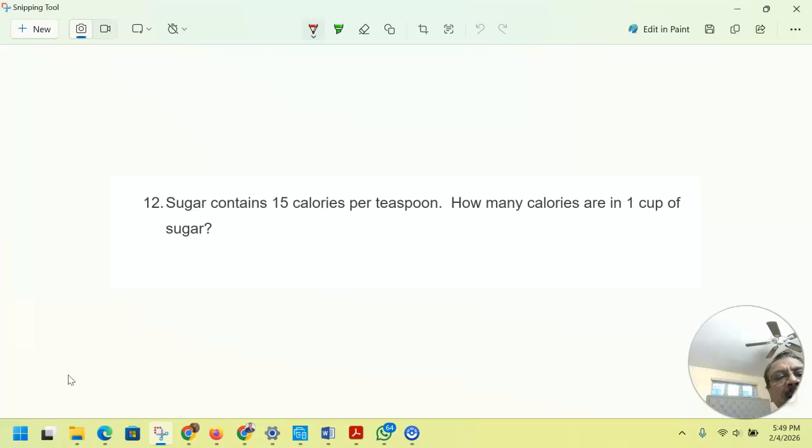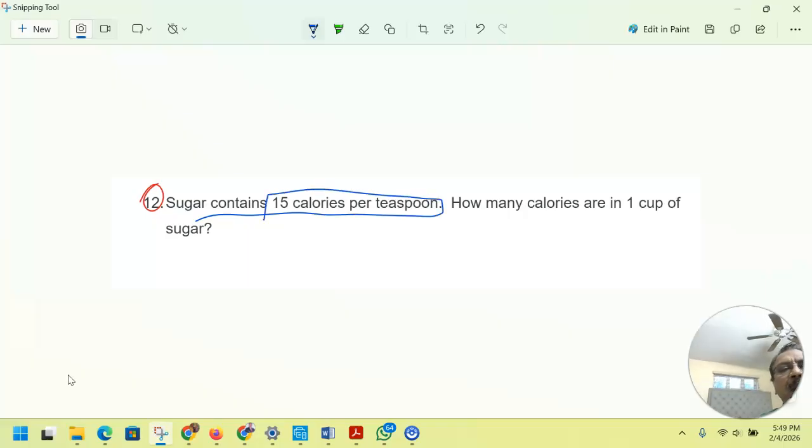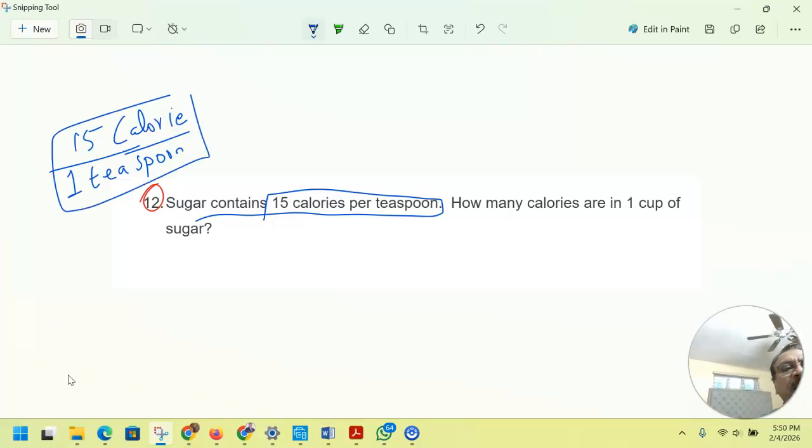Question number 12 says, sugar contains 15 calories per teaspoon. Now let me write this. 1 teaspoon is 15 calories. This is one of the conversion factors I'm writing because of this information.